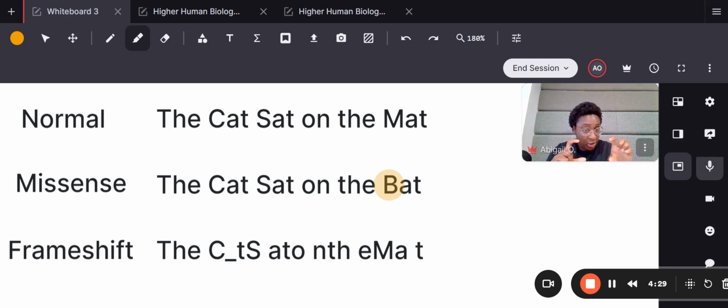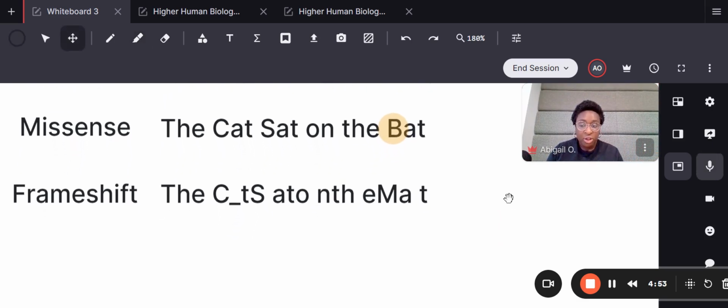The meaning is not the same, but the sentence is still a sentence. The cat sat on the bat. I don't know why a cat would sit on a bat, but it did in this sentence. So even though that's not the original meaning we were trying to get out of it, it still makes sense as a sentence. And that's caused because we've got one change taking place in our sentence that's changing the meaning of the sentence.